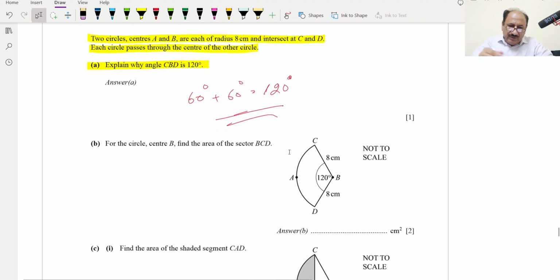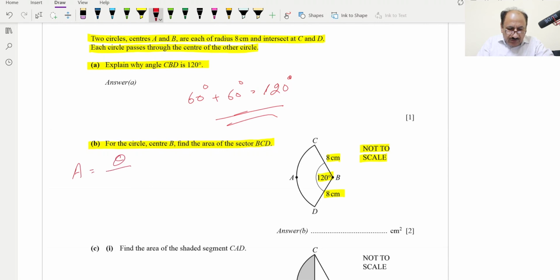Now for the second part which is B part, for circle center B, find the area of the sector. So area of the sector, and the drawing they have provided is not to scale. So this angle is 120, radius is 8. We can find area. So area of the sector is what?